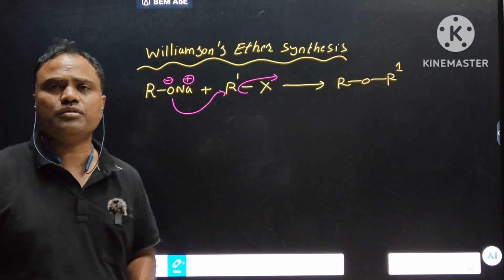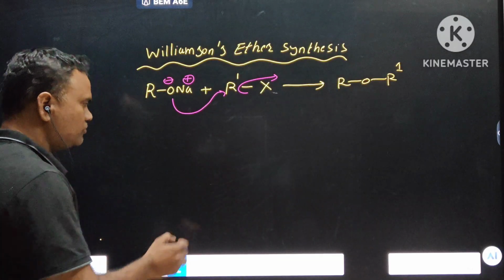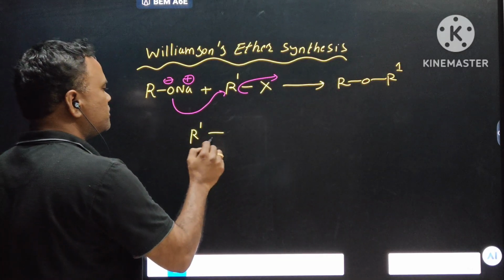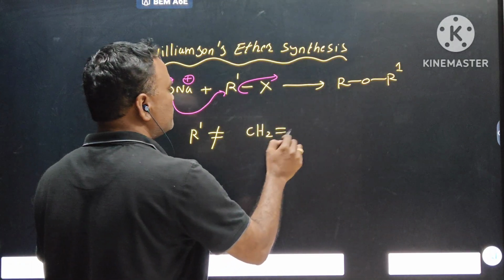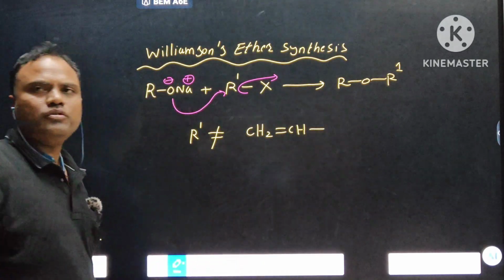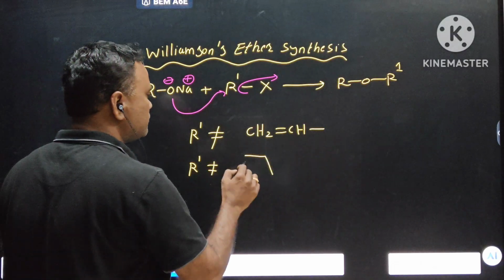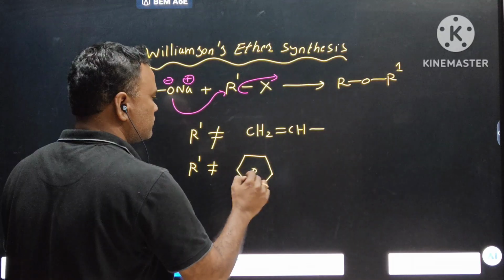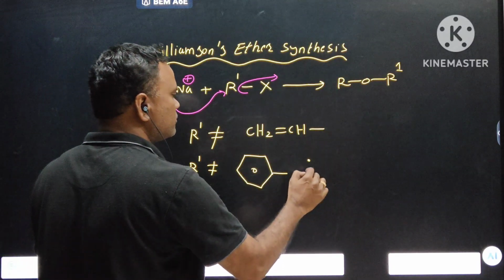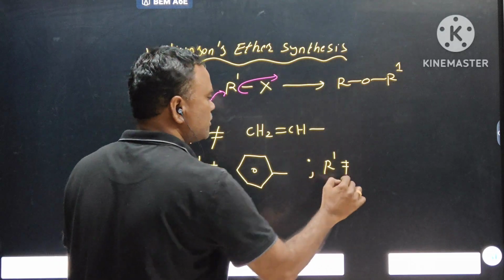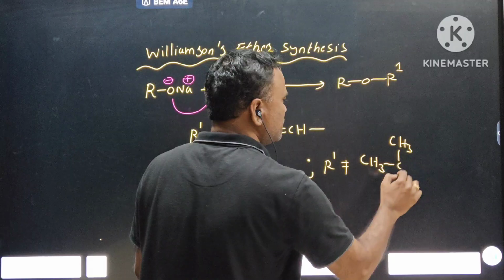See, a very important condition in the Williamson's ether synthesis: R' should not equal vinyl group, R' should not equal aryl, and R' should not equal tertiary alkyl group.